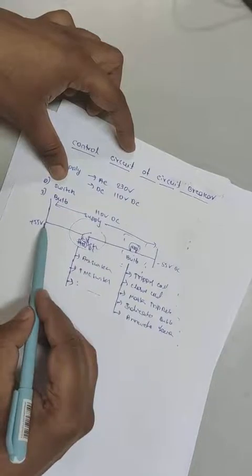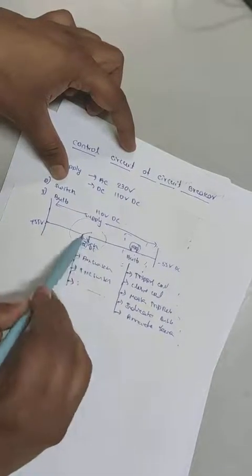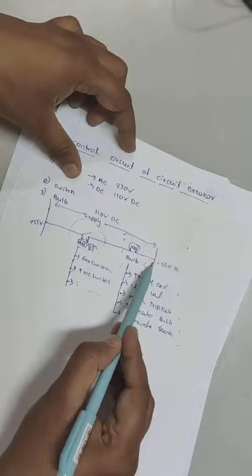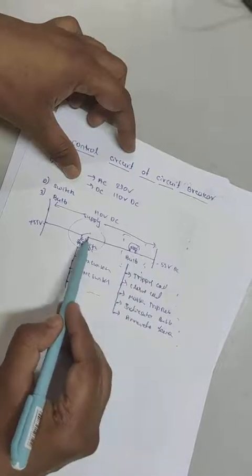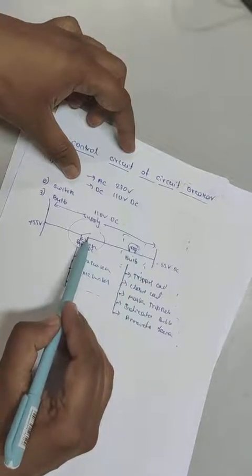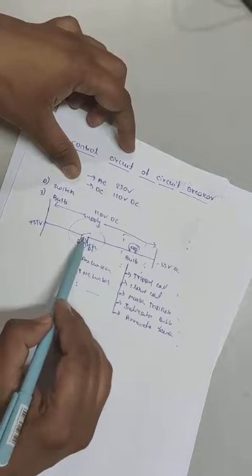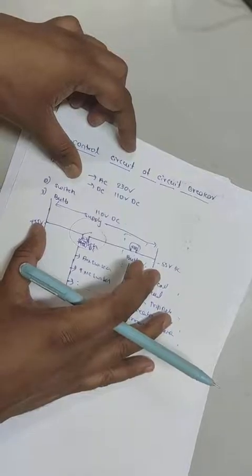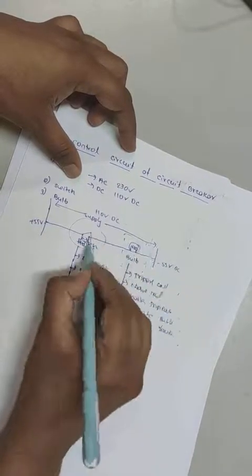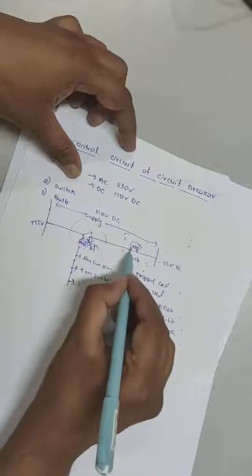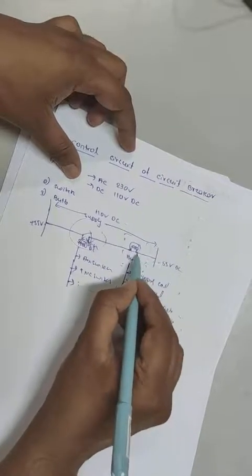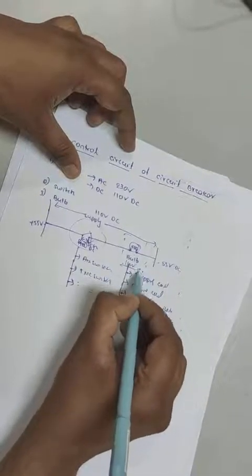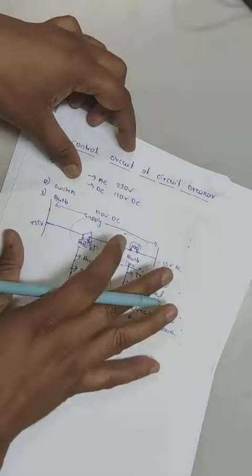Hence, if we measure the voltage across the NO contact, that switch, we will get the full voltage. Once the switch is closed, the positive voltage will appear across this and the negative voltage across this. Then we will get the full voltage across the bulb. So this is the concept.